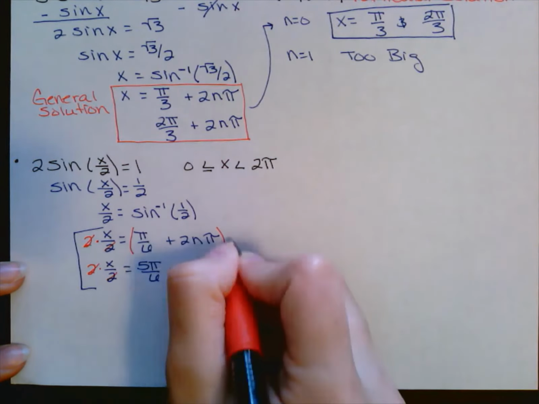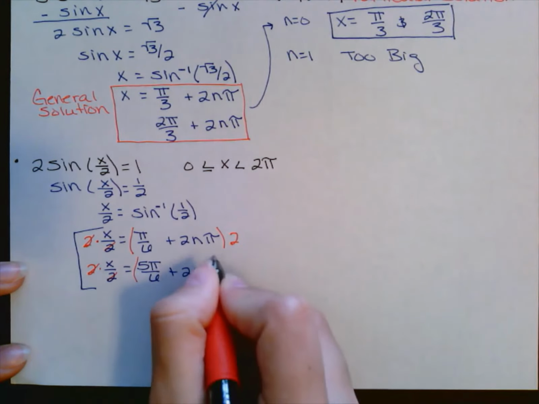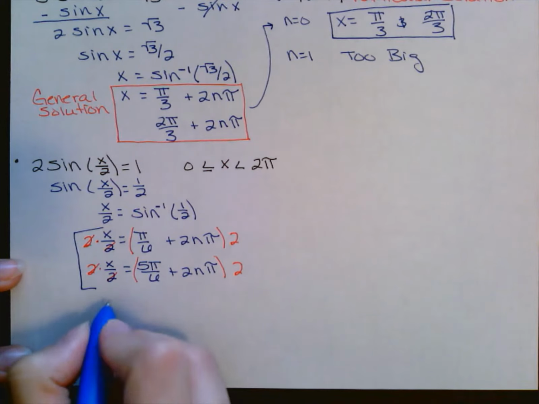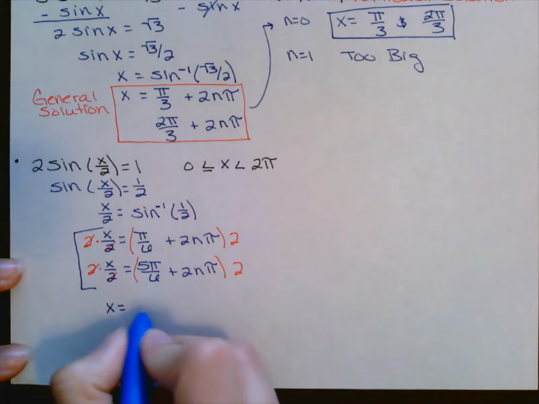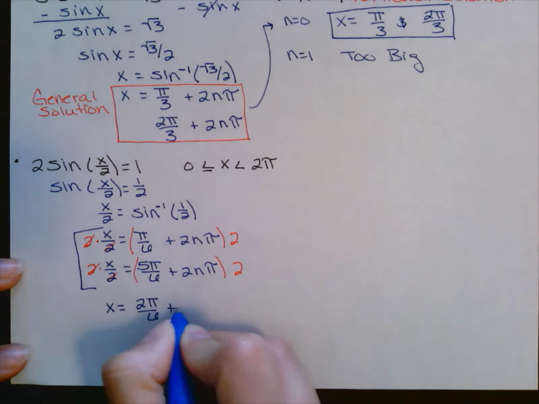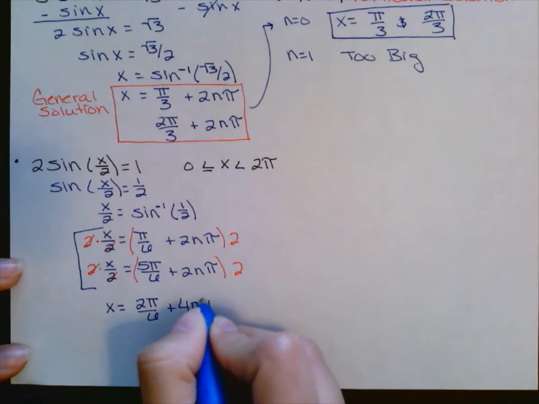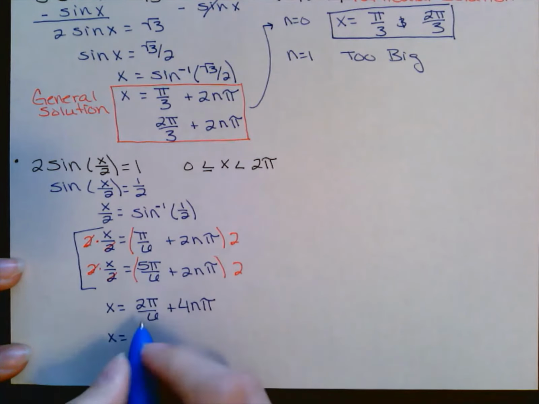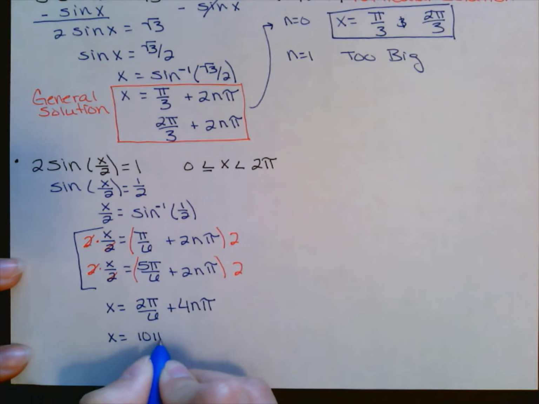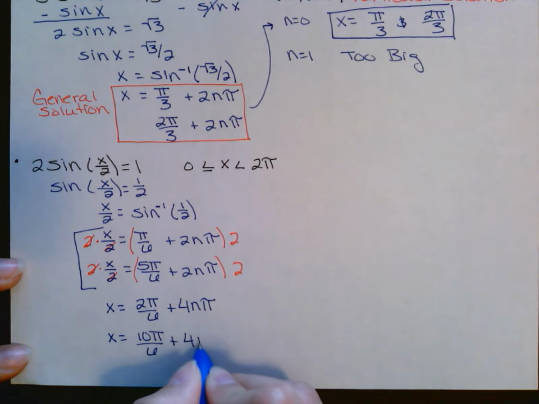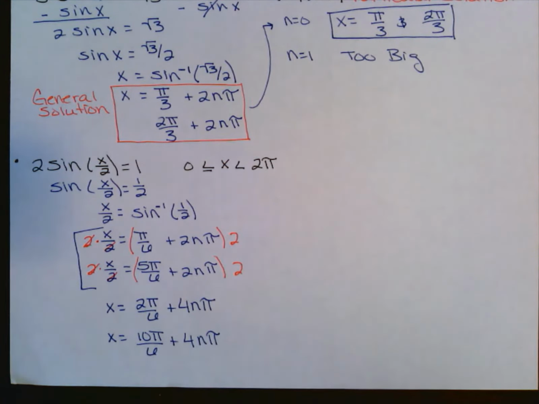Make sure when you multiply by 2, it is being distributed to both terms. Okay. So now we have that x equals 2 pi over 6 plus 4n pi. Okay. And then for the bottom one, when I multiply by 2, we get 10 pi over 6 plus 4n pi.